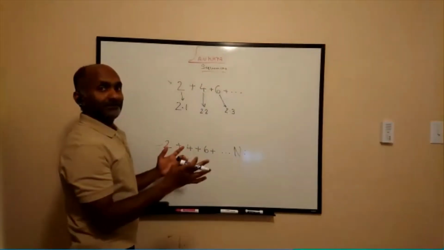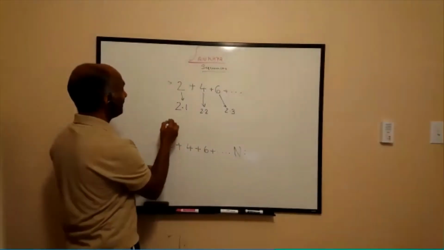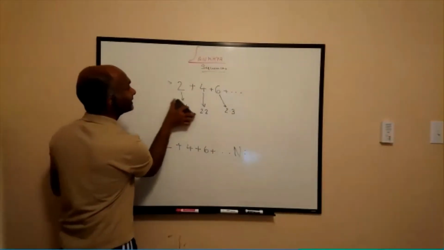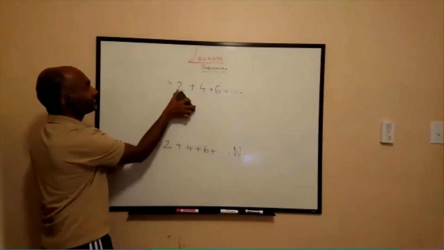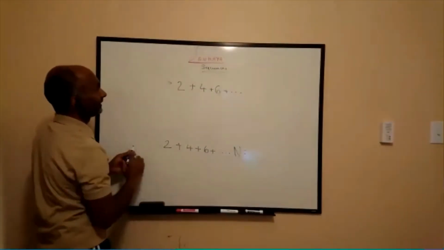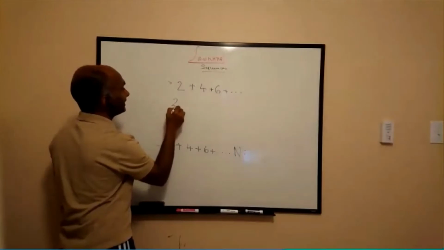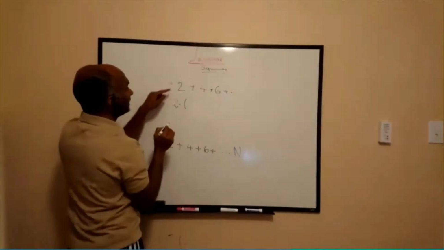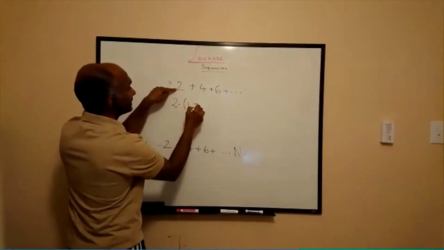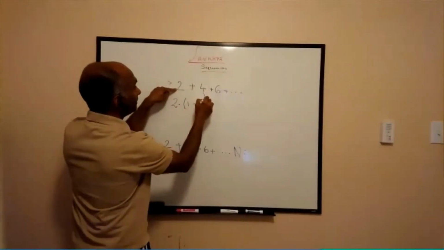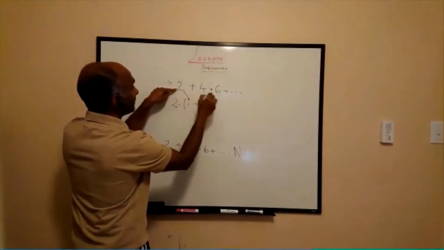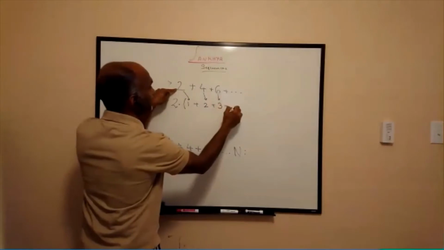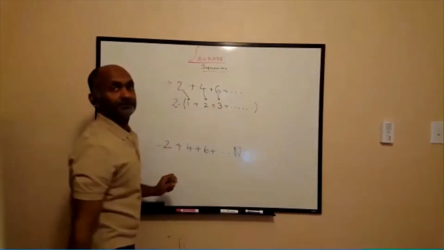So having discovered that now, let's erase this. We can say this is 2 times 1 plus 2 plus 3 plus, it goes on.